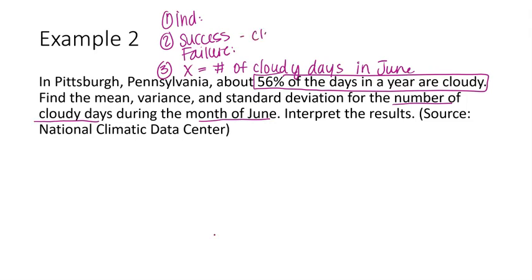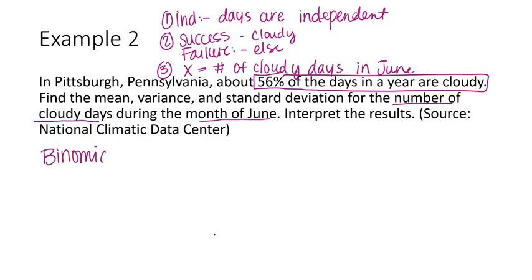That means if it's cloudy, I'm going to consider it a success. Anything else is a failure. And as I'm looking at my days, they are independent. Today has no impact on tomorrow. So I'm just checking those to make sure, yes, I am binomial.